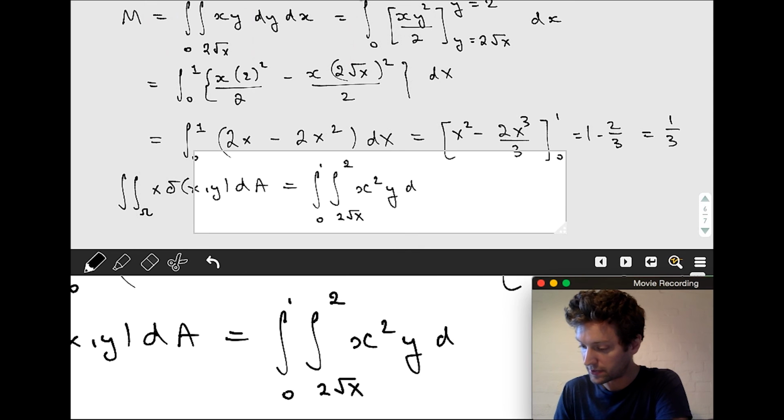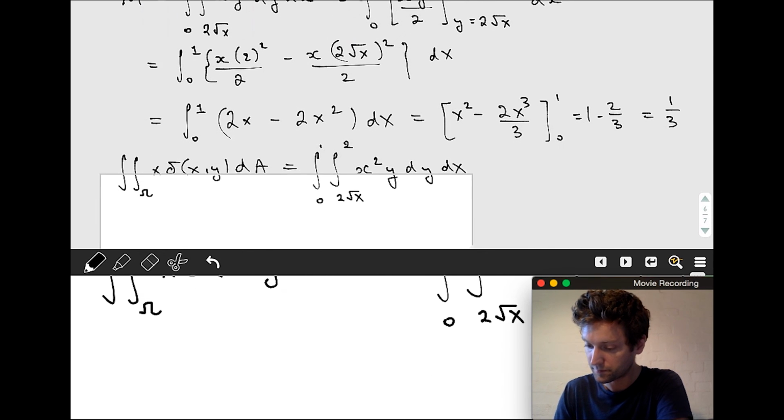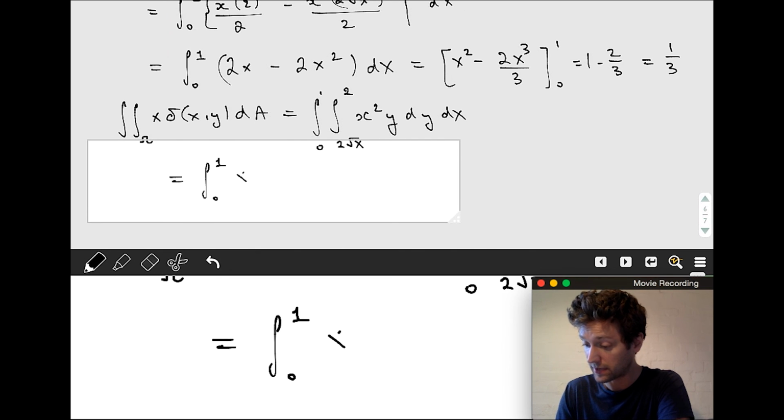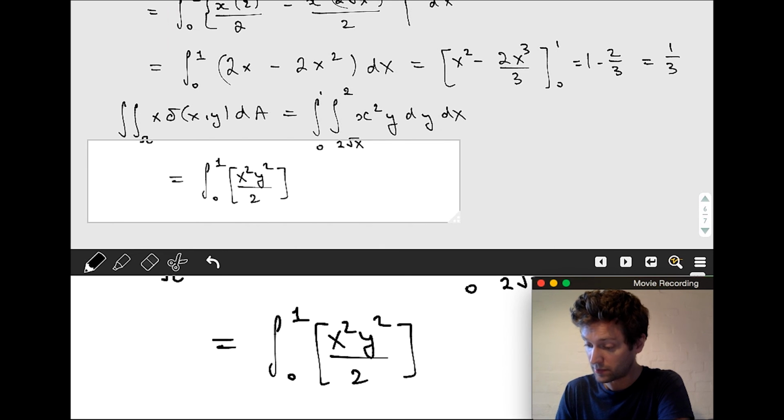And I'm going to do the y integral followed by the x integral. So that's going to give me the integral from 0 to 1, carrying out that y integral first, so I get x squared y squared over 2 from y is equal to 2 root x to 1.